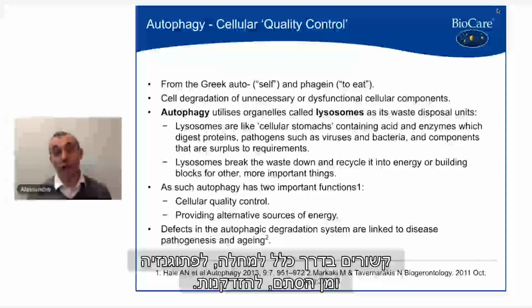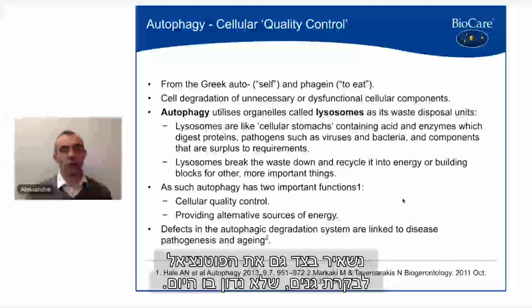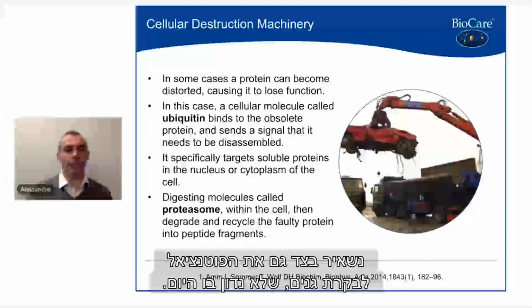The effects in any autophagic degradation system are normally linked to disease, pathogenic expression, and obviously aging, leaving aside also the potential epigenetic control, which we are not discussing here today.